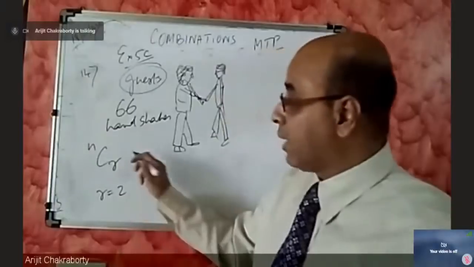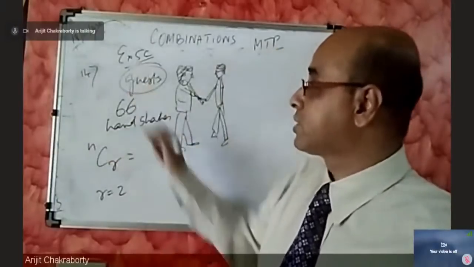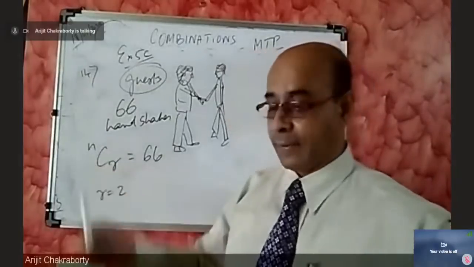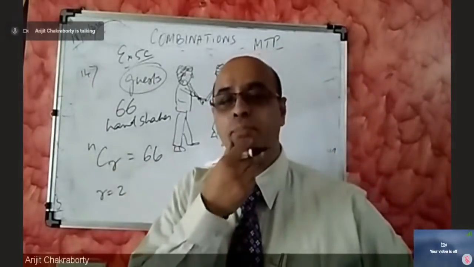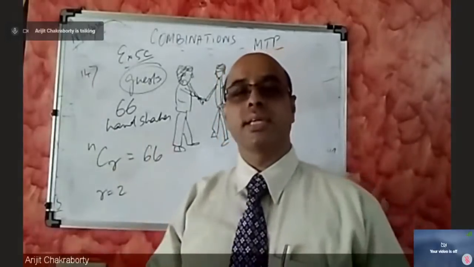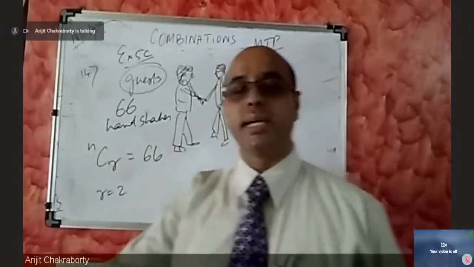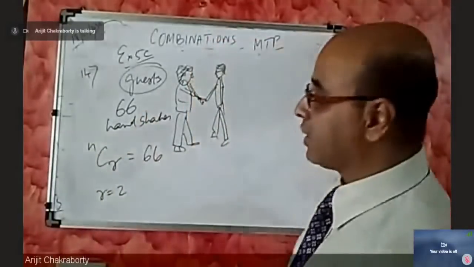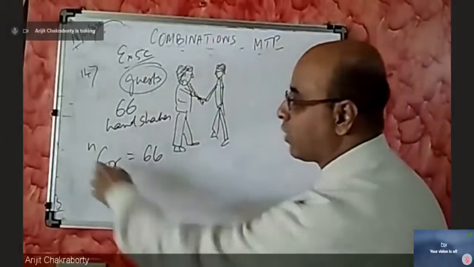And the number of handshakes is 66. So we have to find n, the number of guests. Because if there are 20 guests and every 2 hands are selected, then you can find out ultimately how many handshakes. So here it's a classic question. You have to find n.